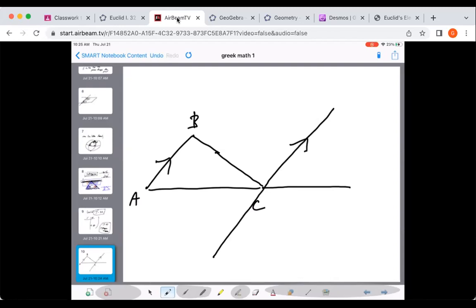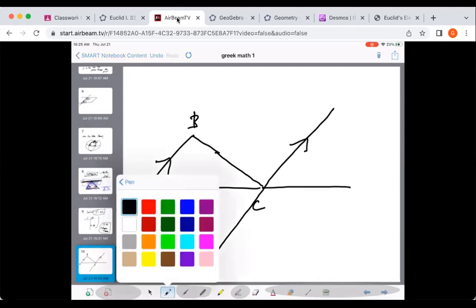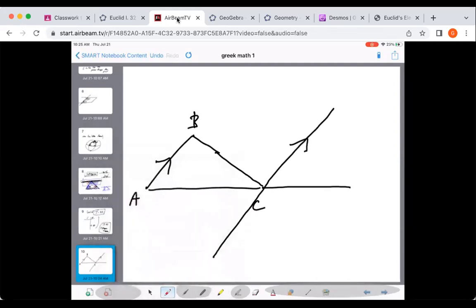And then he says that this red angle is congruent to this red angle by corresponding angles.